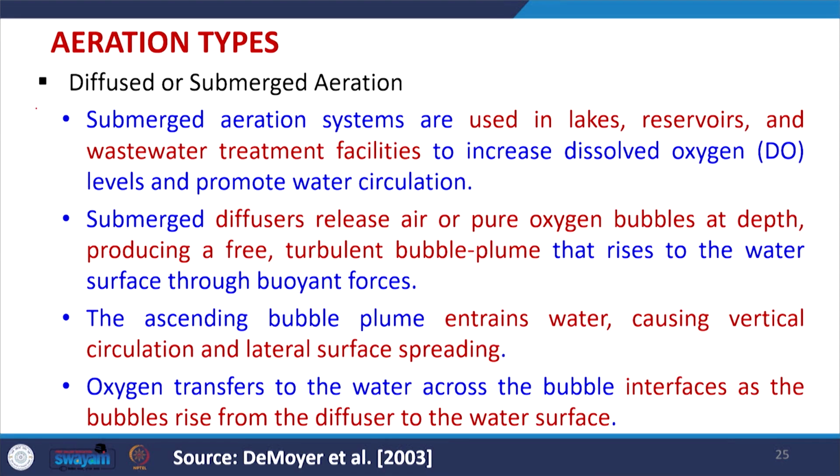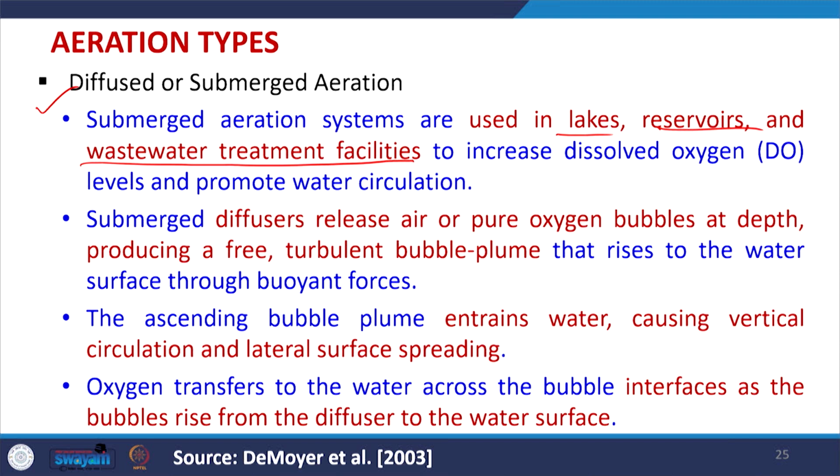There may be diffused or submerged aeration. So, this is very common. Submerged aeration systems are used in lakes, reservoirs, wastewater treatment facilities to increase the dissolved oxygen levels and promote water circulation.